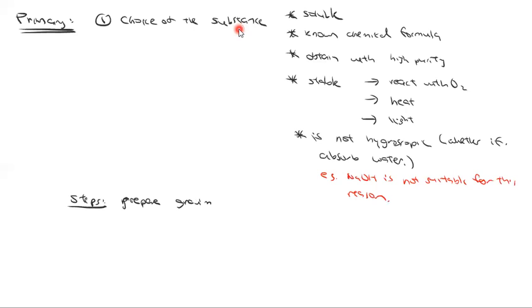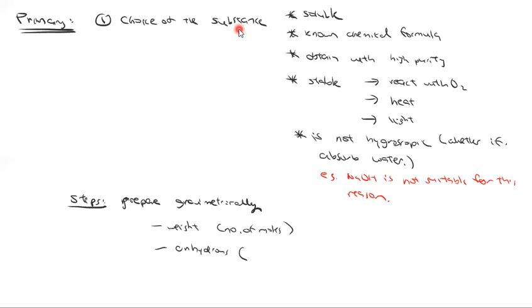And basically, you have to measure it out. You have to measure the weight, and you'll need to obviously transfer it appropriately. I'm more or less skipping that, but the key point is that you need to make it anhydrous.